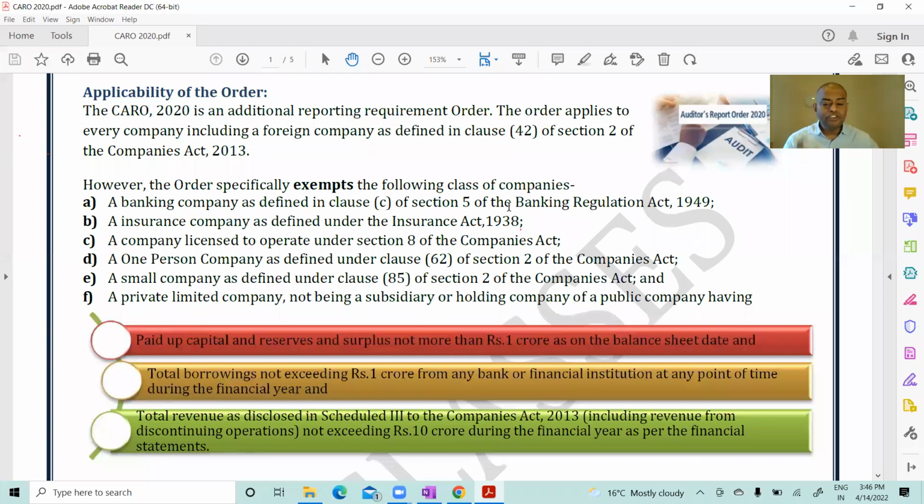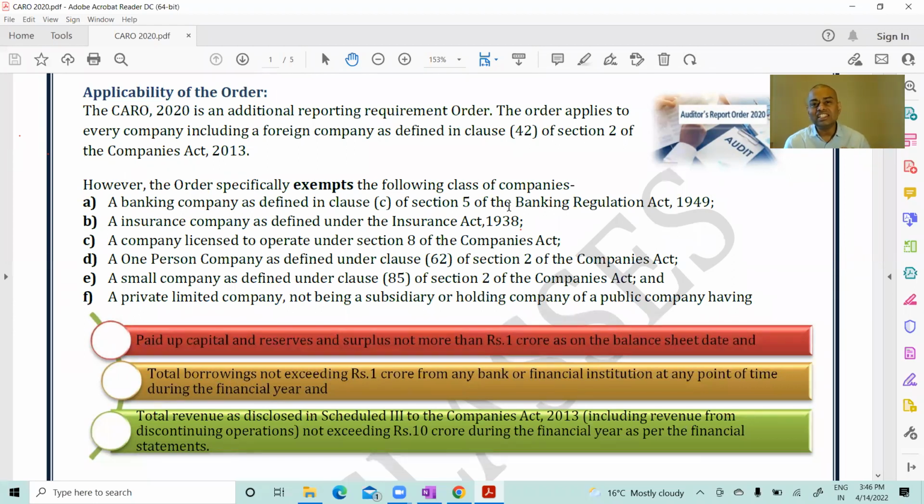So guys, if you are a private limited company, to get exemption from CARO, first, you should not be a subsidiary of a public limited company, and you should also not be a holding company of a public company. That means basically you should not be part of any group where you have holdings or subsidiaries. That means an individual standalone company, not having any parent, not having any child.